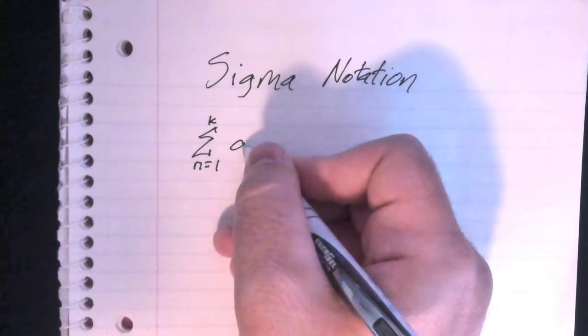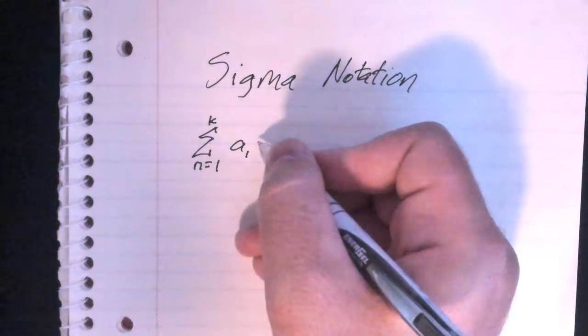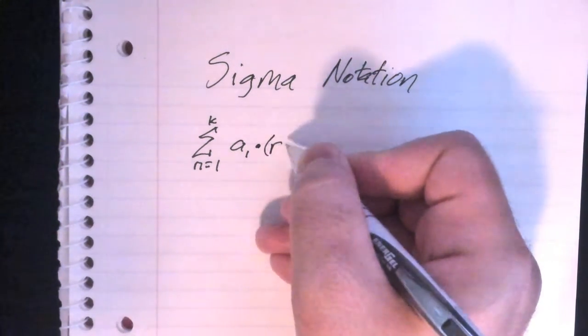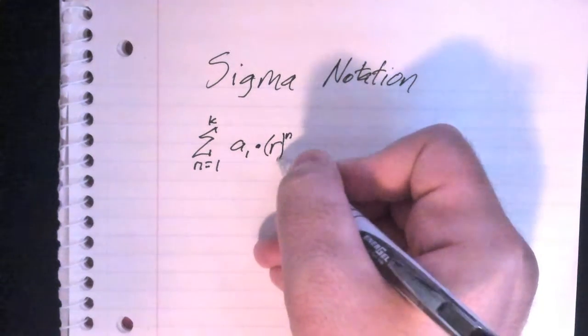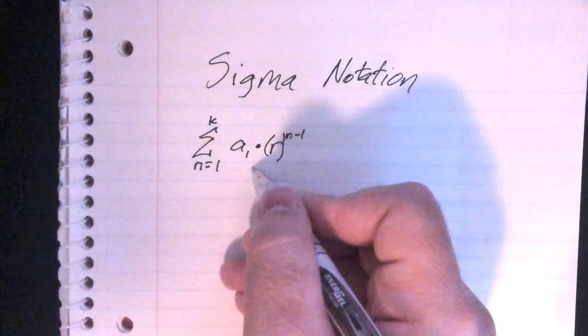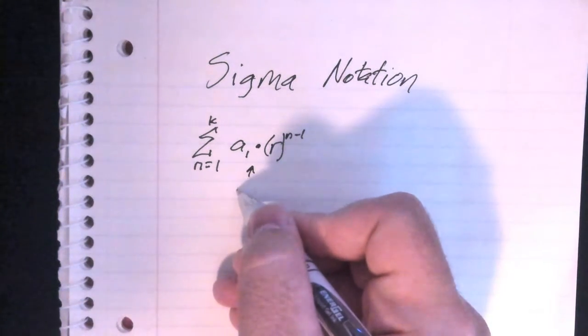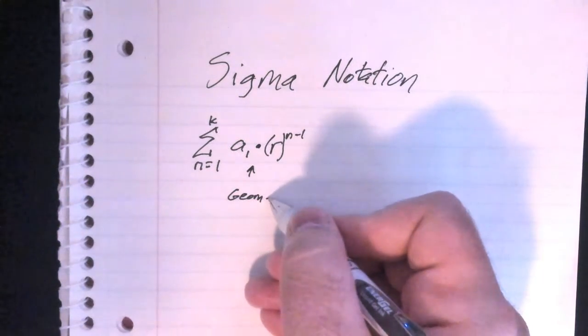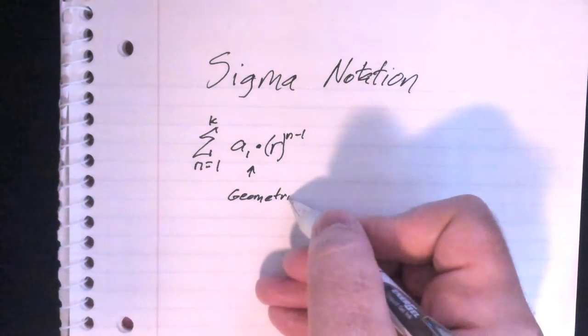And then it will say a_1 times r to the n minus 1. If we remember, this is actually our formula for the geometric sequence.